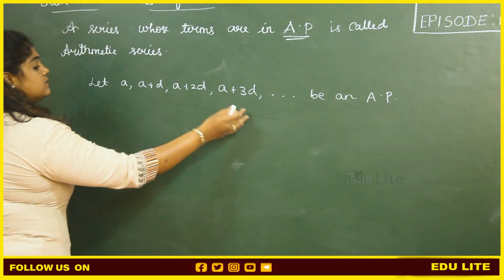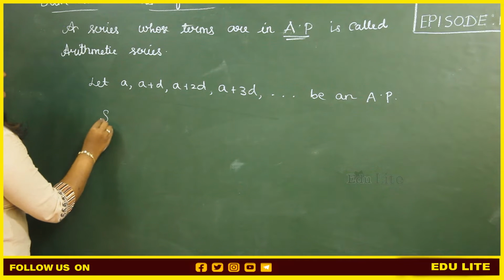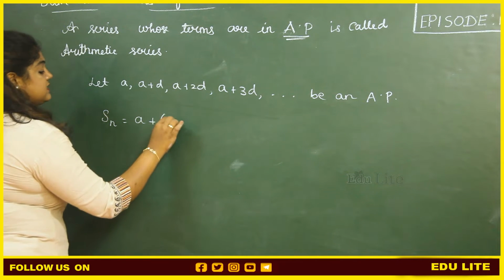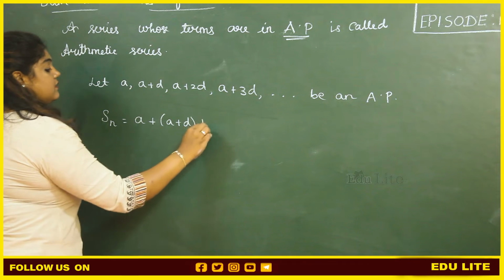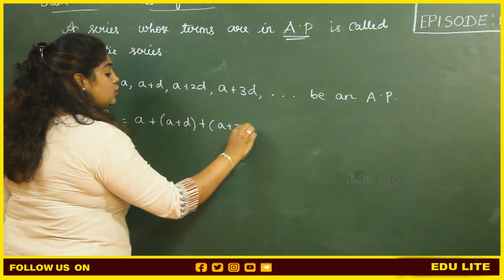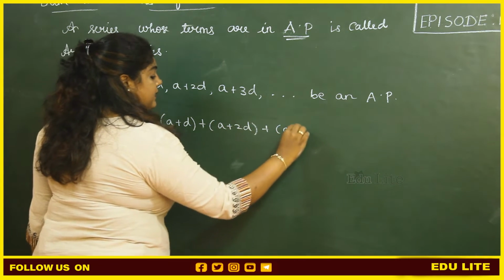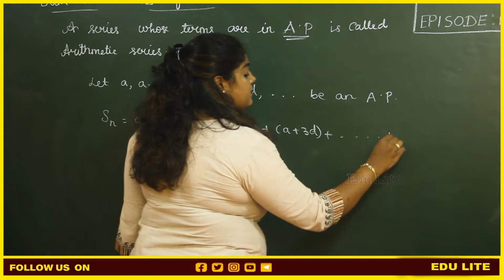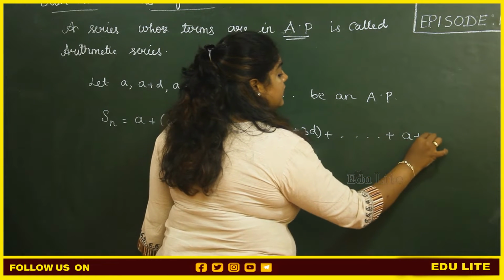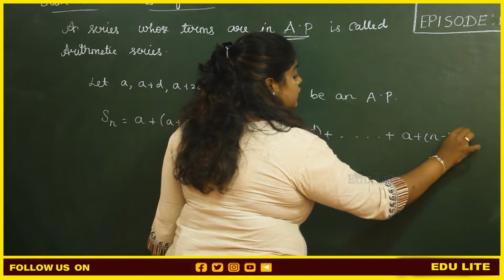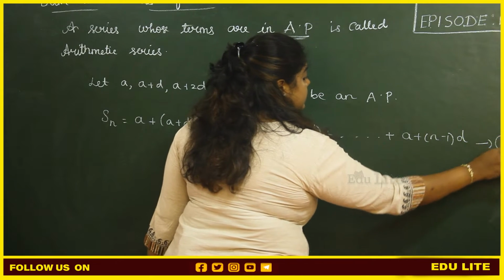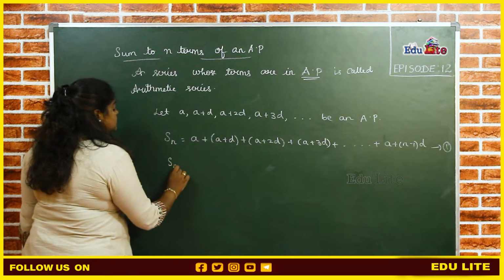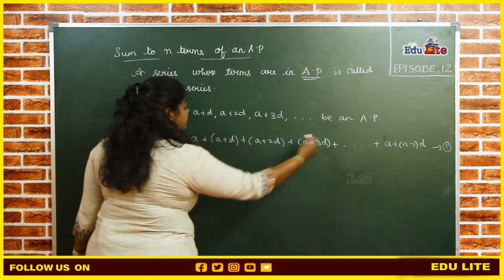Sum of all terms of this arithmetic progression is represented as Sn. Therefore, Sn is equal to A plus (A plus D) plus (A plus 2D) plus (A plus 3D). If we go on in the same manner, the last term of the arithmetic progression is A plus (n minus 1) into D. This we will consider as equation 1. Now, we are going to write the Sn in the reverse order.